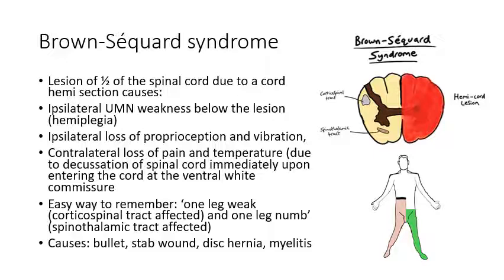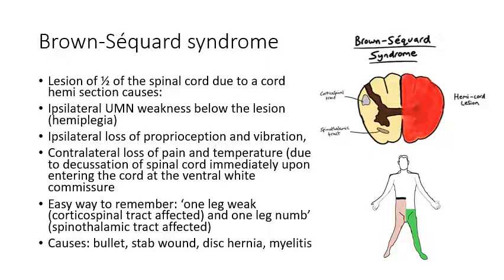A classical cause could be something like a bullet that would only go through one half of the spinal cord, a stab wound specifically in one side of the back, a disc herniation, or transverse myelitis, even though this is less common. And Brown-Séquard syndrome, while it sounds like there would be some complex symptoms, it's really quite simple.